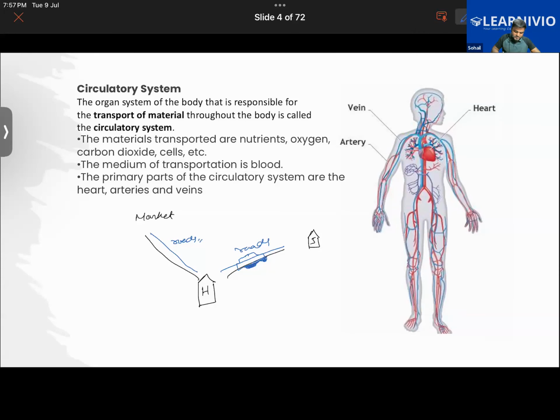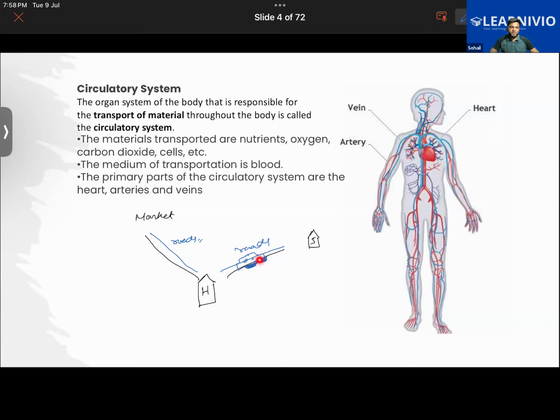So generally what we see over here is that just like transport of a person or goods takes place from one place to another via a well developed network of roads, and within a vehicle, in the similar manner, the transport of different things like oxygen, food, water, carbon dioxide is going to take place from one part of the body to another via the well developed network of veins and arteries, and it will be flowing in the blood.